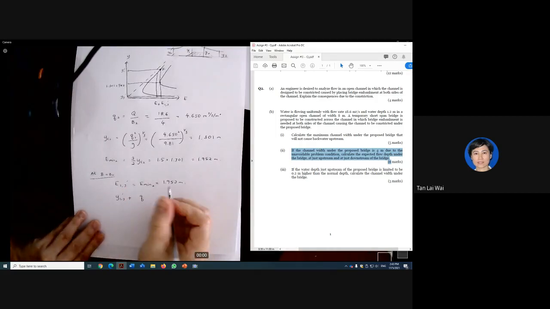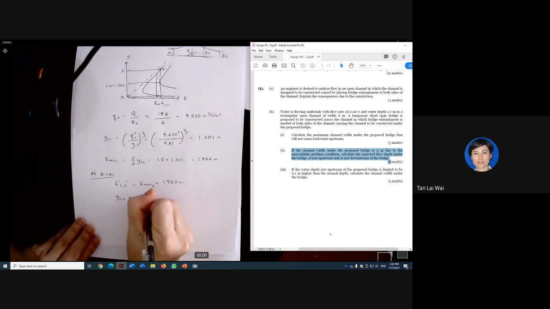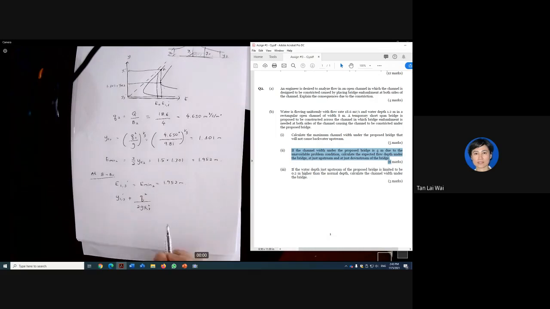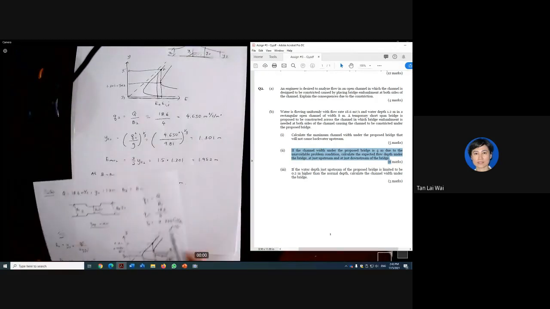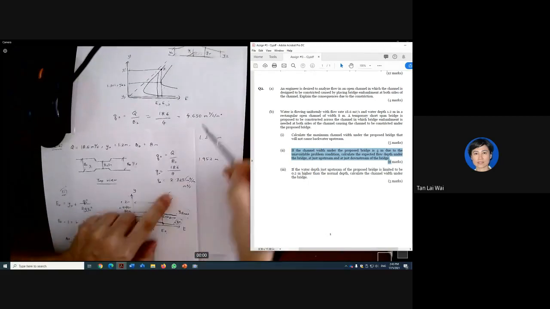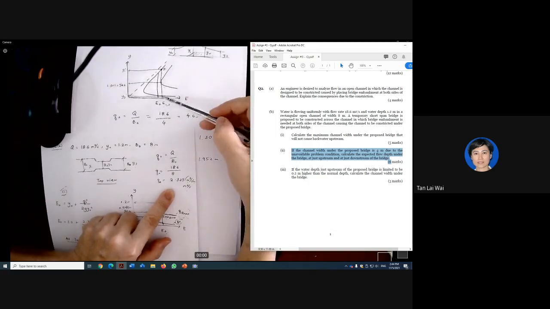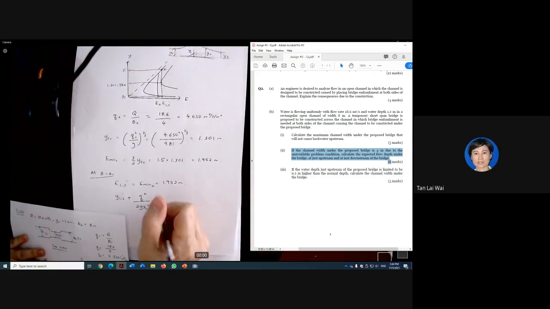So I'm going to write this as Y plus Q squared over 2 g Y13 squared. Now, can I ask somebody which Q should I use here if I want to find Y1 and Y3? Should I use Q2 or Q0? Q0. Yes, correct. You have to be extra careful.